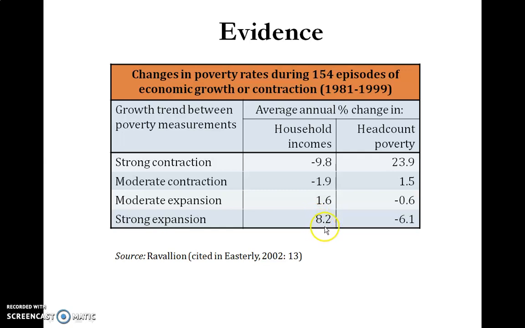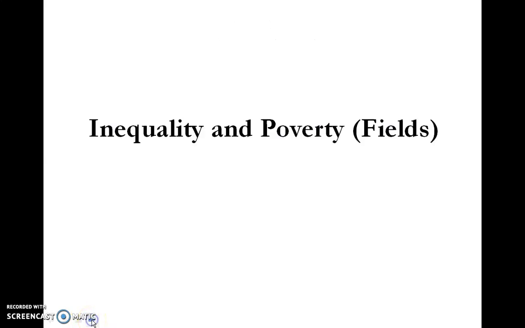Look at that, 8.2% average annual percentage change in household income and negative 6.1% average annual percentage change, a decrease in this case, in headcount poverty. So that relationship between economic growth and poverty is very clear.